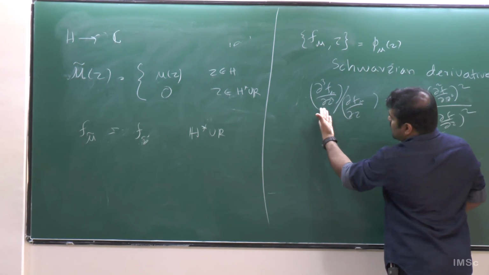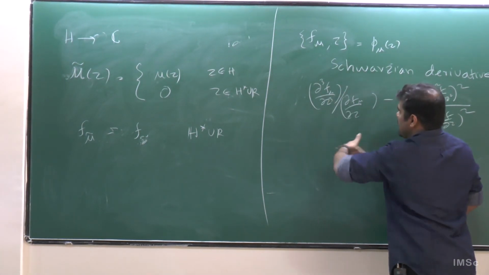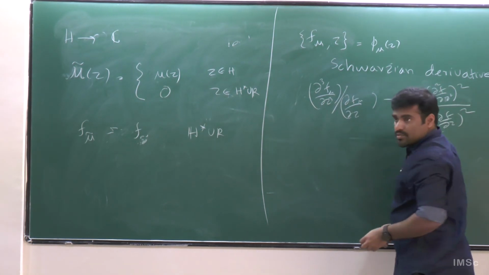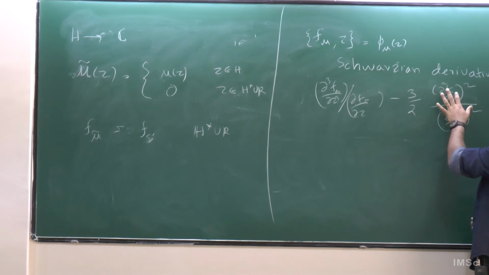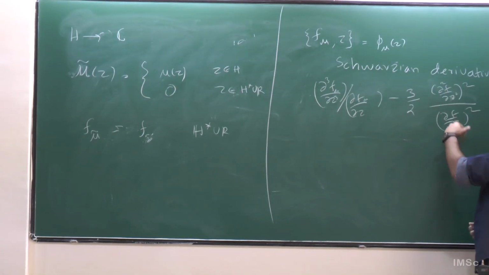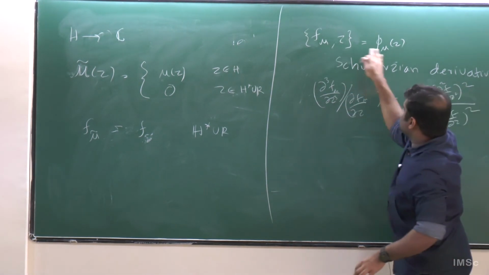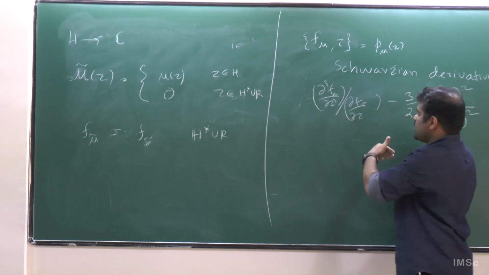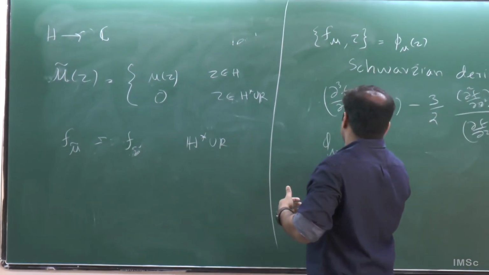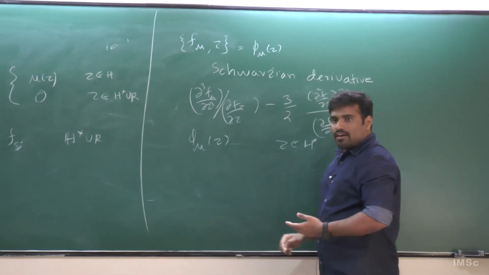You have del z cube here and here del z, so effectively it's like del squared del z squared. Here you have del z or del squared del z squared whole squared divided by del z. So that's again like a quadratic differential. So this object is a quadratic differential. Now evaluate it and see what phi mu of z is in the lower half plane.